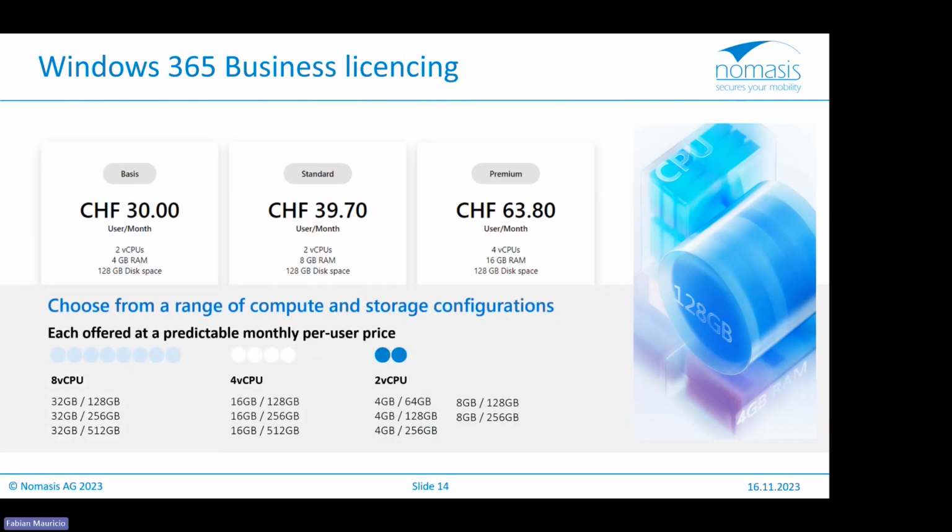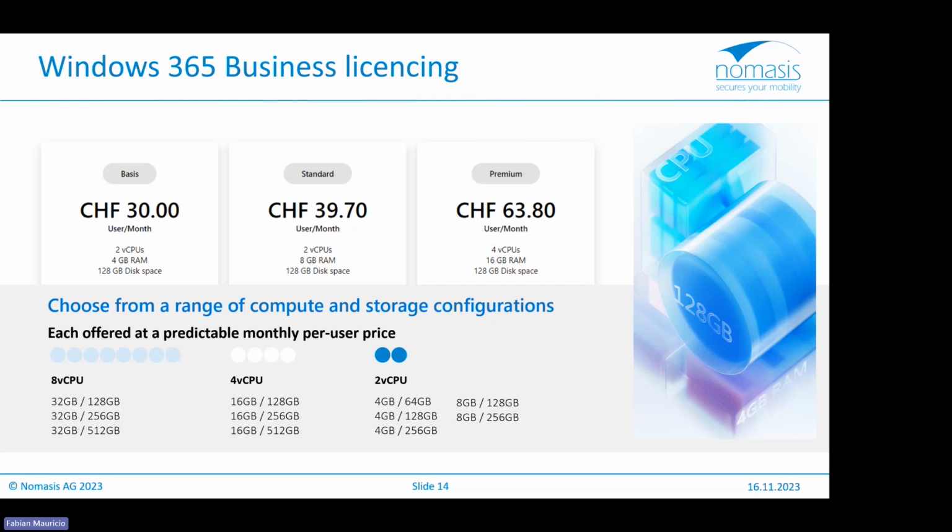Now, for the pricing, on the business side, the pricing starts at 30 francs a month for 2 CPUs with 4 gigabytes of RAM and 128 gigs of disk space. This can be scaled up to 4 CPUs with 16 gigs of RAM and 128 disk space.